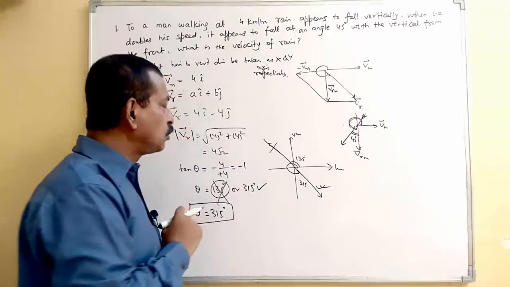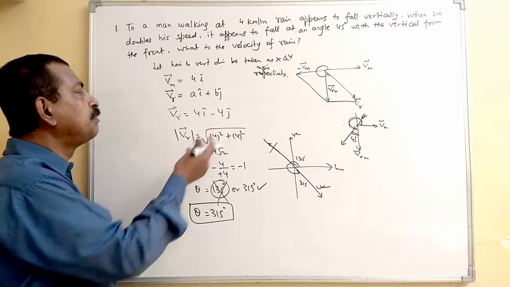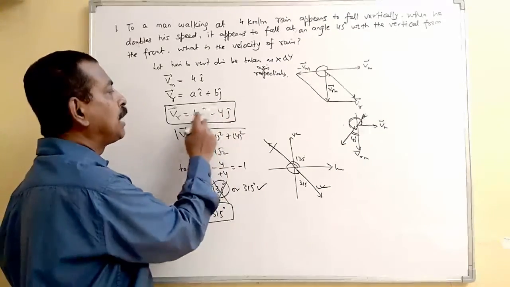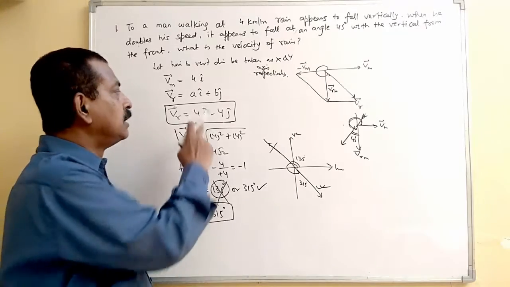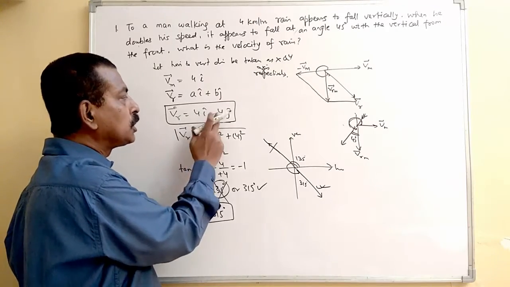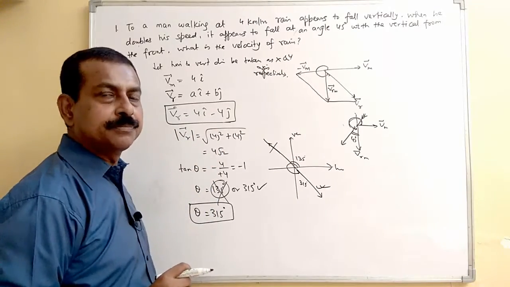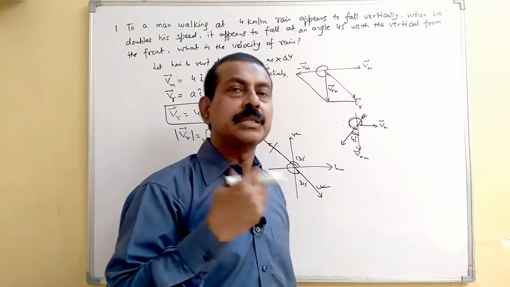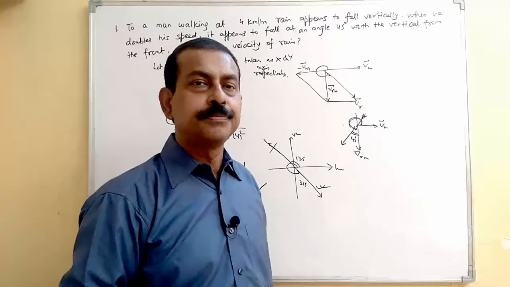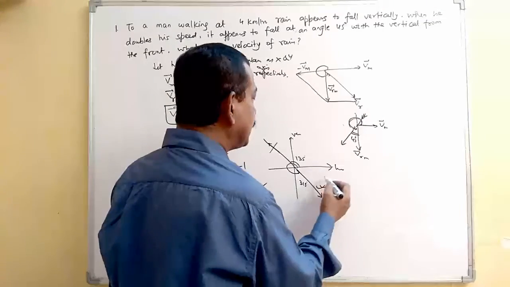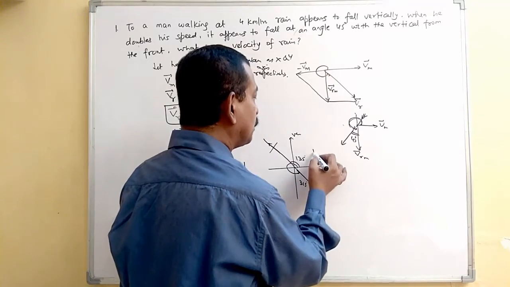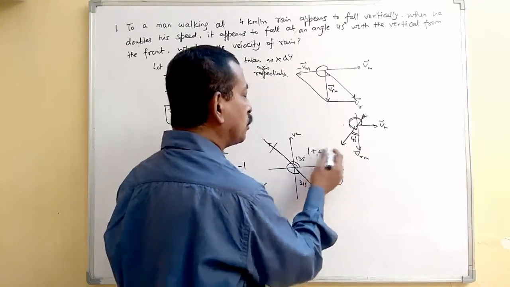Second thing, what you can get from this also: here if I take velocity of rain, it is 4i minus 4j. That means x component is positive and y component is negative. In which quadrant do we get x coordinate positive and y negative? That is only in the fourth quadrant. Here, in the first quadrant, all positive.